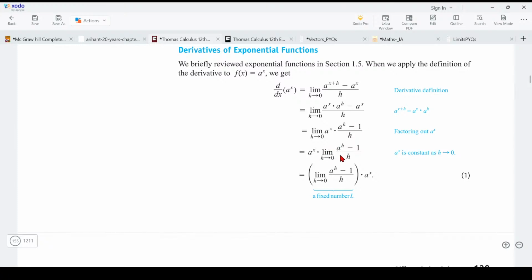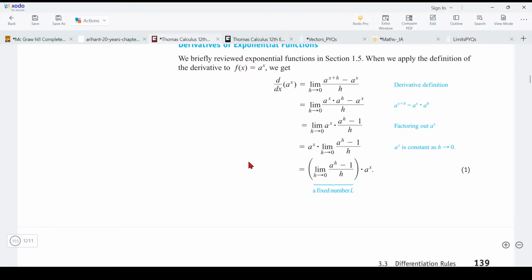Now limit h tends to 0. You remember this number, right? What is this? ln a. Agreed? So you remember this, right? For example, a power h minus 1 by h.